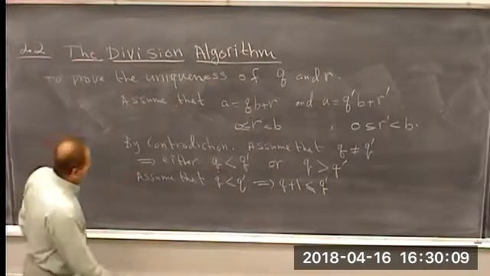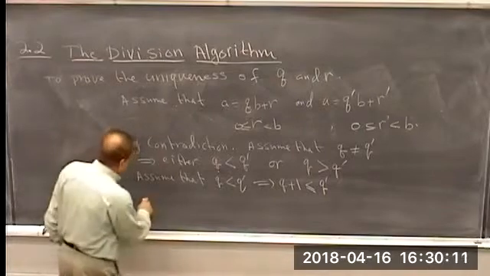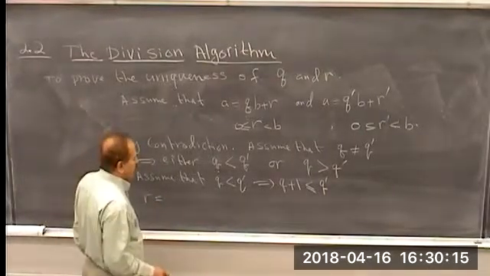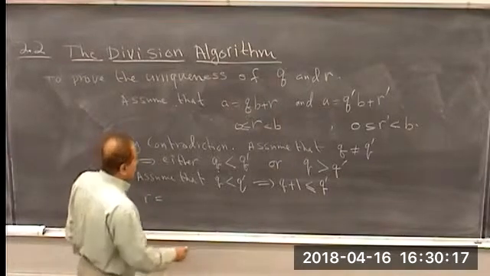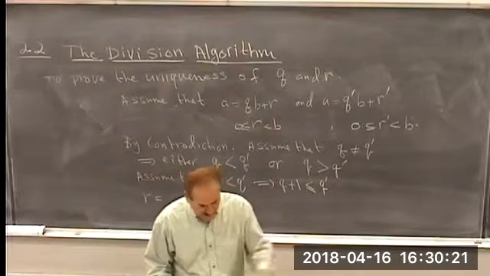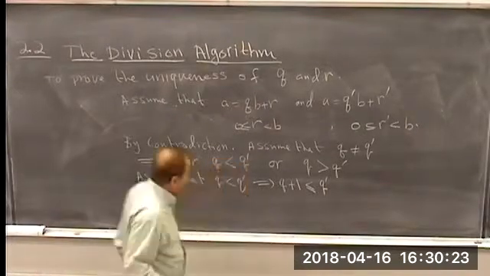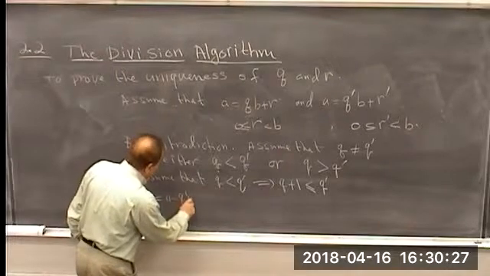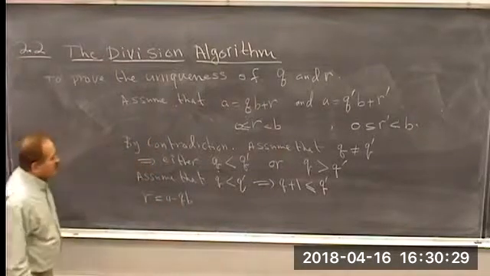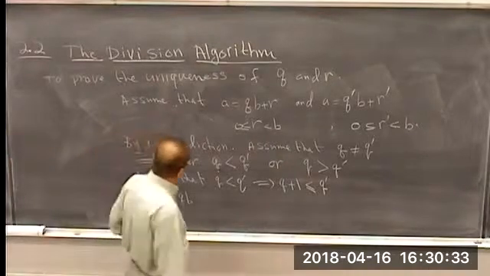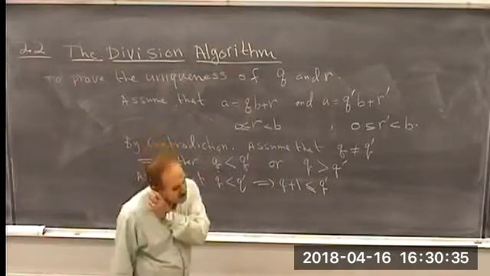Now let's look at this R. Remember, R is equal to, let me write this one as A minus QB. And I'm going to replace Q by Q plus 1.